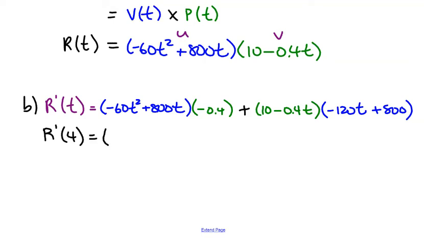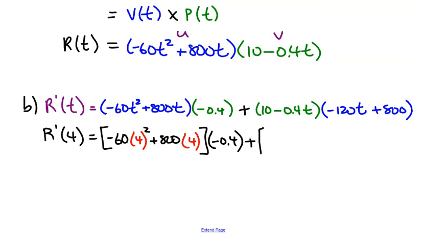Use square brackets: negative 60, putting a 4 in for T squared, plus 800, and again a 4 for the T. We multiply that by negative 0.4, plus 10 minus 0.4 times 4 for the T, times negative 120 times 4 plus 800.